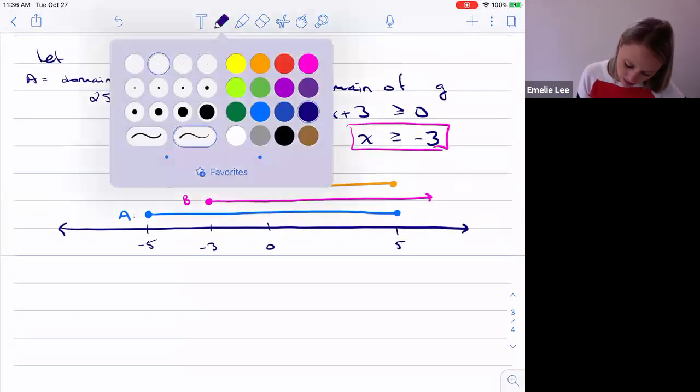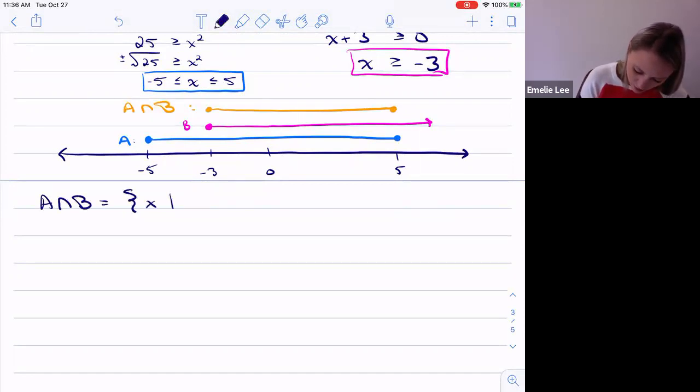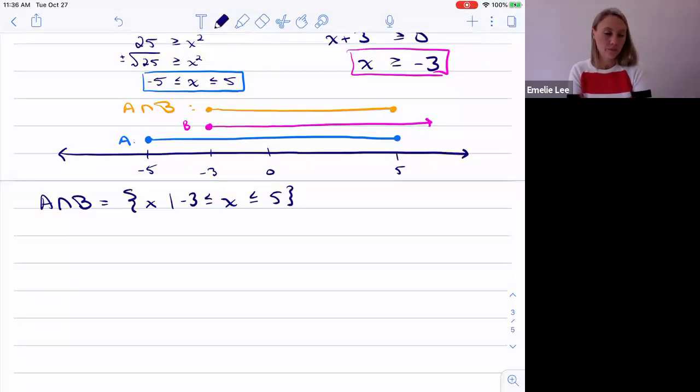So then A and B is the set of x's such that x is greater than or equal to -3 and less than or equal to +5. So that's going to be our domain for the first 3 combinations.